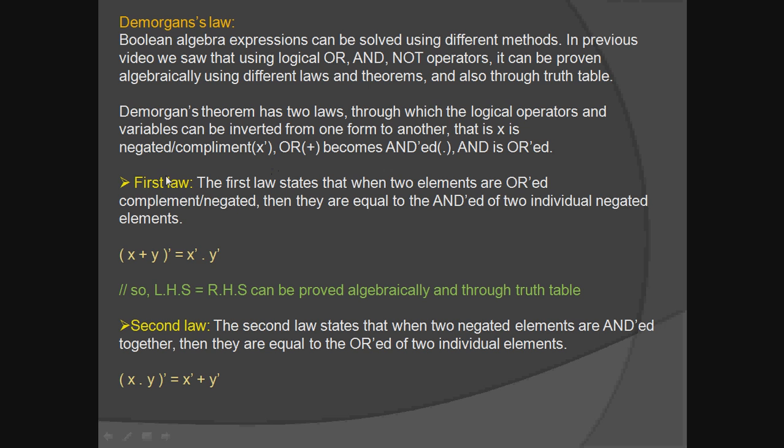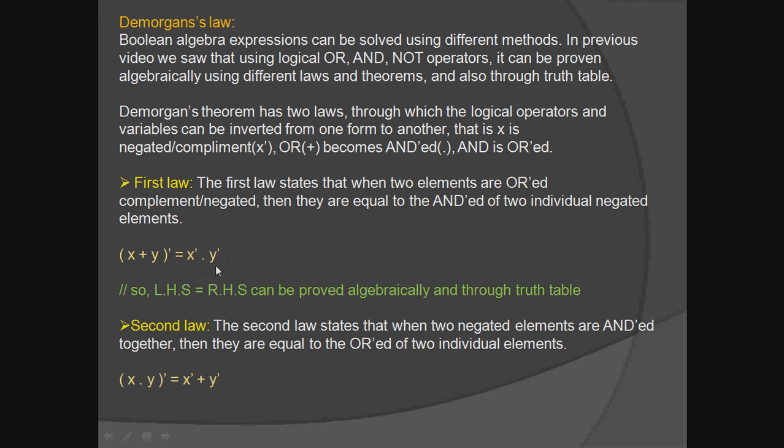So here the first law states that when two elements are ORed and then complemented, they are equal to the AND of two individual negated elements. So here you can see that the two elements x and y, when they are ORed, that is plus, and complemented, so within the bracket x plus y, the whole complement equals x complement and y complement.